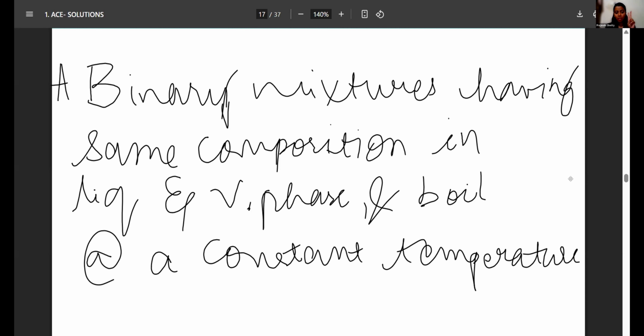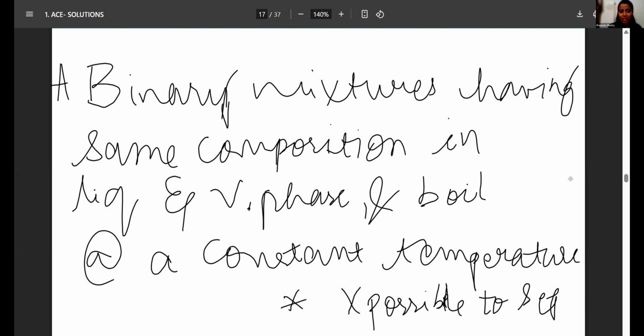It is not possible to separate the components of an azeotropic solution by fractional distillation. Remember this point. It is not possible to separate by fractional distillation.